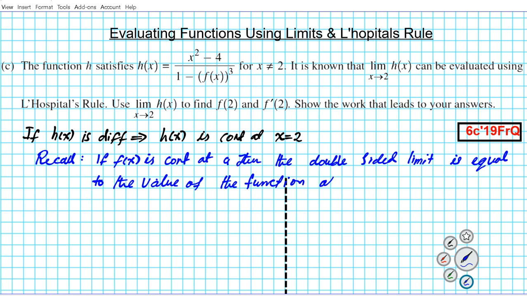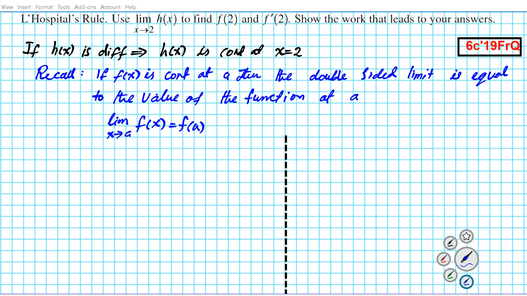This is the verbal representation. Symbolically, the limit as x approaches a of the function is going to be equal to f of a. This is a condition for continuity. We're going to be applying that here. Let's apply this fact to this scenario.